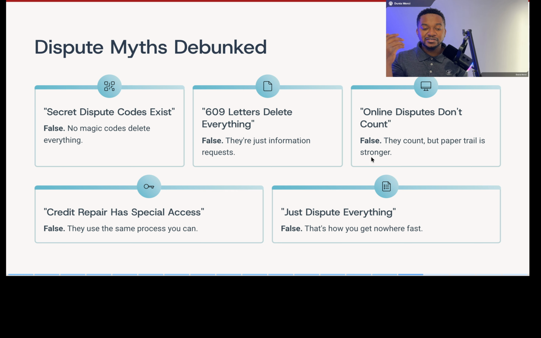So you can actually get yourself in more trouble doing that, because if it's an account that's negative, but you've made payments on that account in the past, you've had activity on that account, and it's associated with your address that you are living in, and the payments were coming from your bank account, now you're saying that it's fraud after you've been making payments for the last 2 years on this account. There are ways that they can identify and know that it was not identity theft. And in that case, you've actually committed a federal crime.